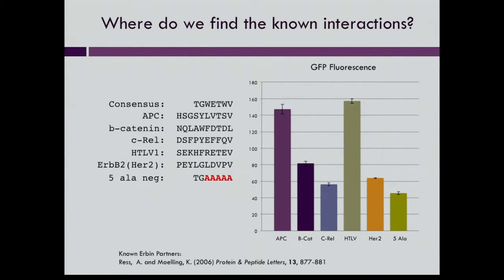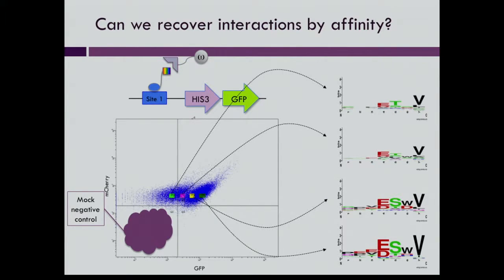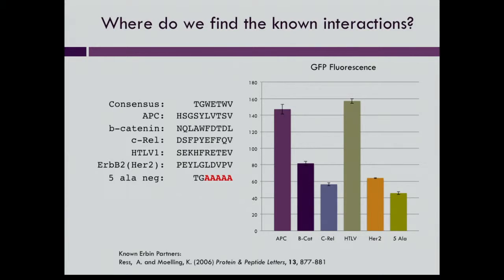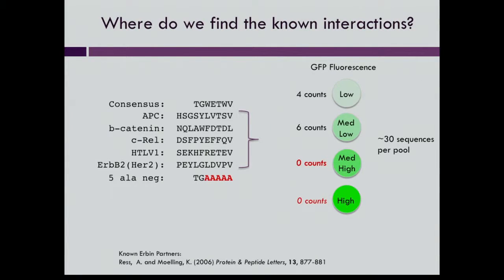It's just barely above that mean. So what we're actually doing is we start collecting populations at the mean of the negative control and move above there.